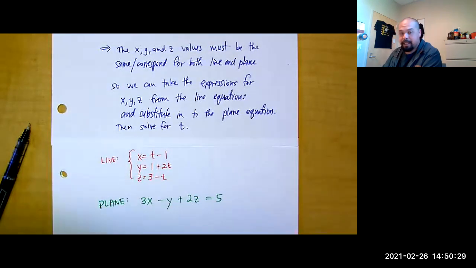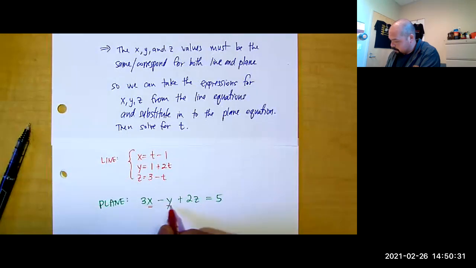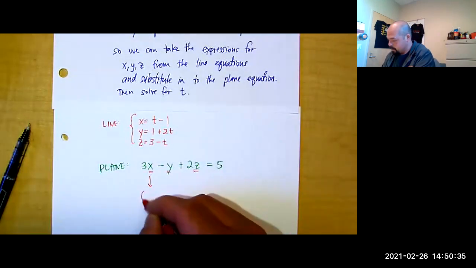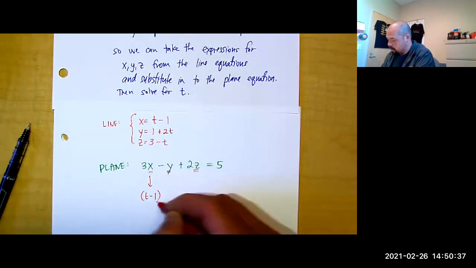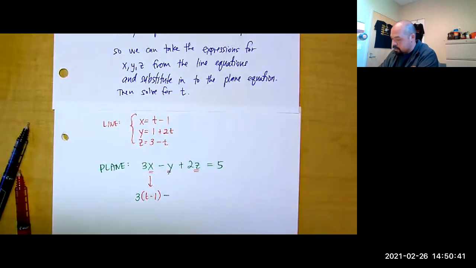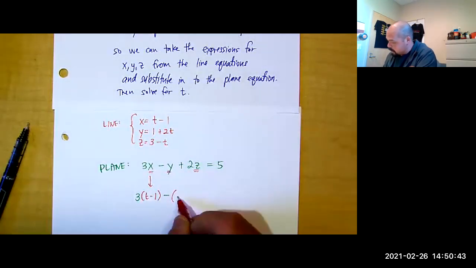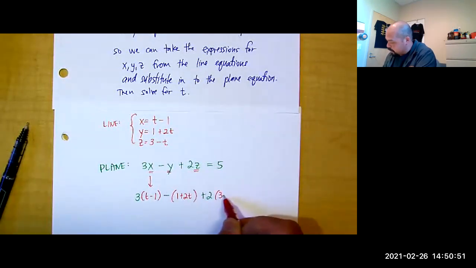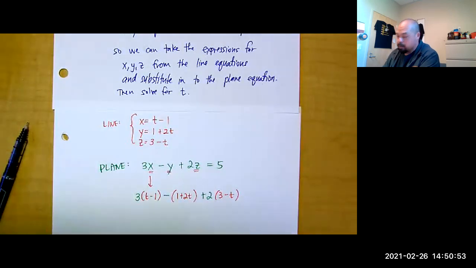So now replacing x, y, and z with our expressions from that line, x was t minus 1. The pieces in here, 3 minus. The y was 1 plus 2t plus 2 times z. And again, z was 3 minus t. That's all supposed to be equal to 5, right?